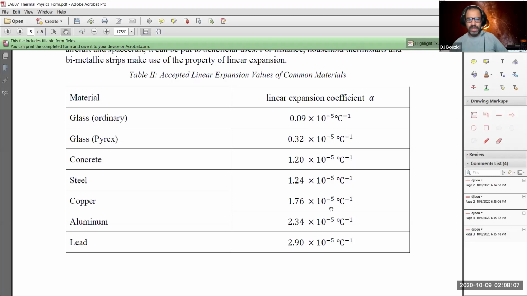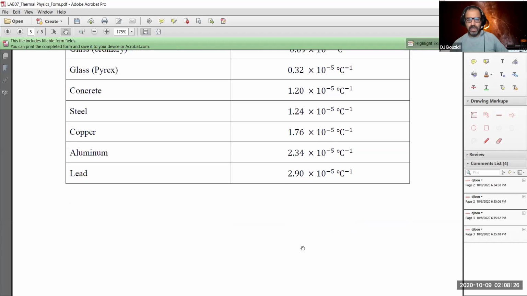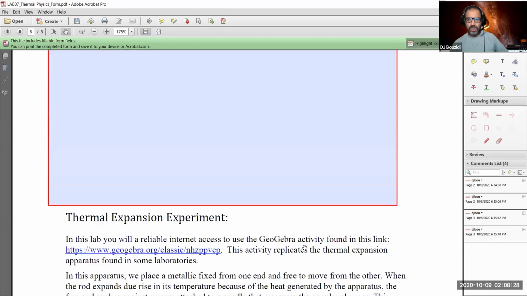If it's close to, for example, 1.76, let's say it's 1.8 or 1.7, then I can safely say that this is actually made out of copper. If it's 2.93, for example, then I can safely say this is lead. Or if it's 2.9, that is lead. Okay, so that's basically what that last question was.